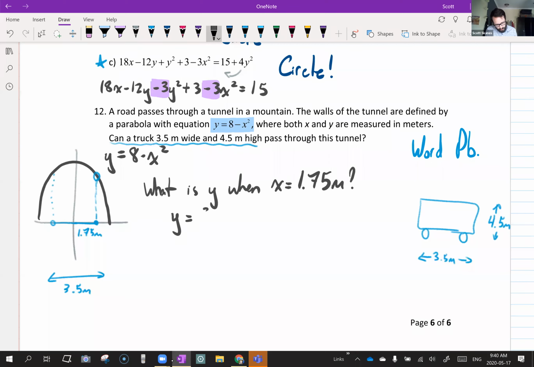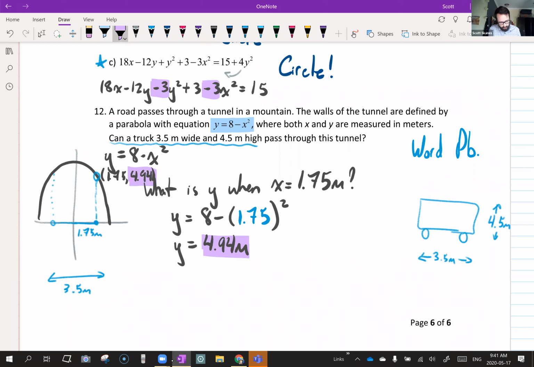Y equals 8 minus 1.75 squared. If you do that out, you get 4.94 meters. That means that at the point 1.75, the tunnel is 4.94 meters high. I'll ask you, can the truck make it through the tunnel?